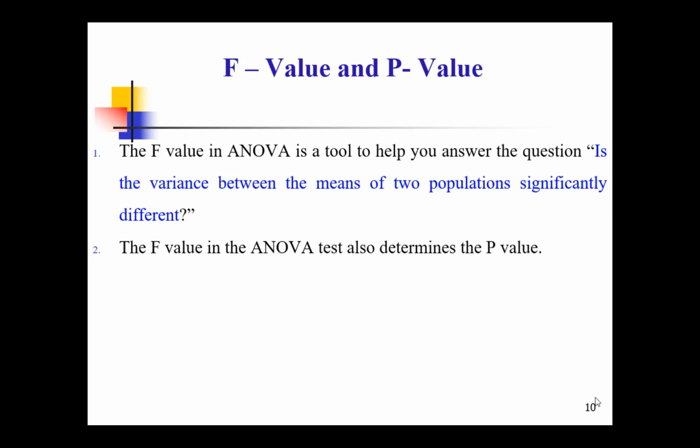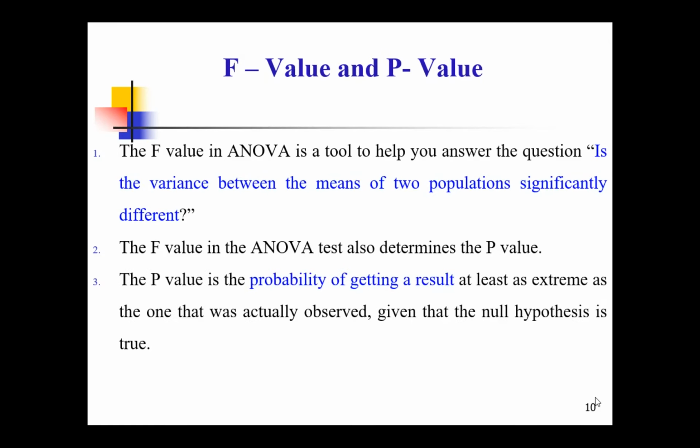By using the F value, we are going to determine the P value. The F is the Fisher value, the P is the probability value. It is the probability of getting a result at least as extreme as what we observe, based on the assumptions made in the null hypothesis.